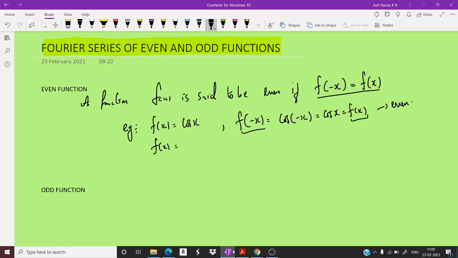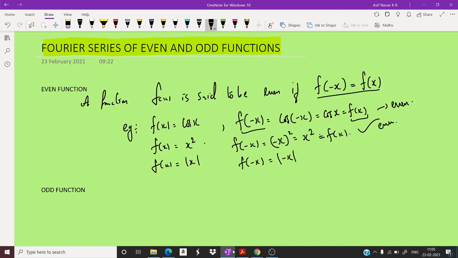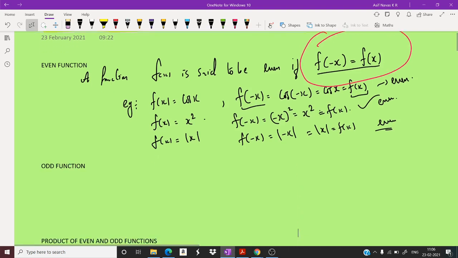If you take f of x equal to x square, then f of minus x is minus x all square, which is x square, equal to f of x. So this is also even. Similarly, for f of x equal to mod x, f of minus x is mod of minus x, which is equal to mod x, f of x. So such functions are called even functions. If it satisfies this condition, then the function is called an even function.